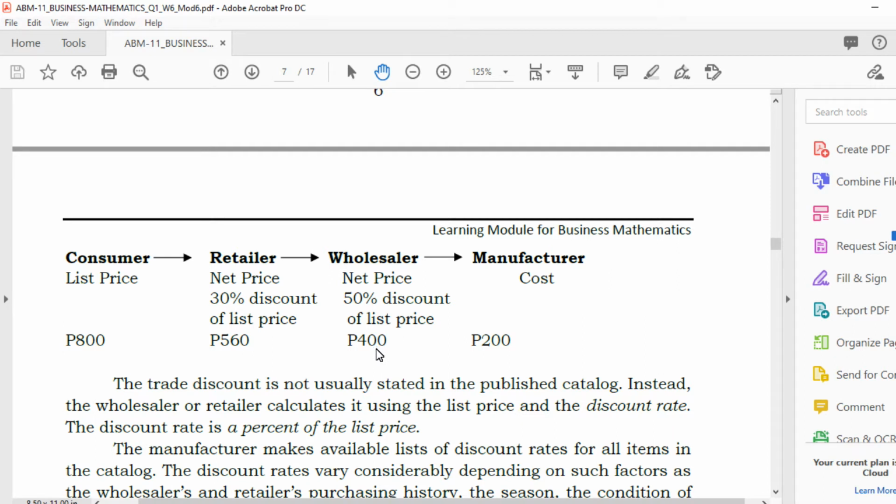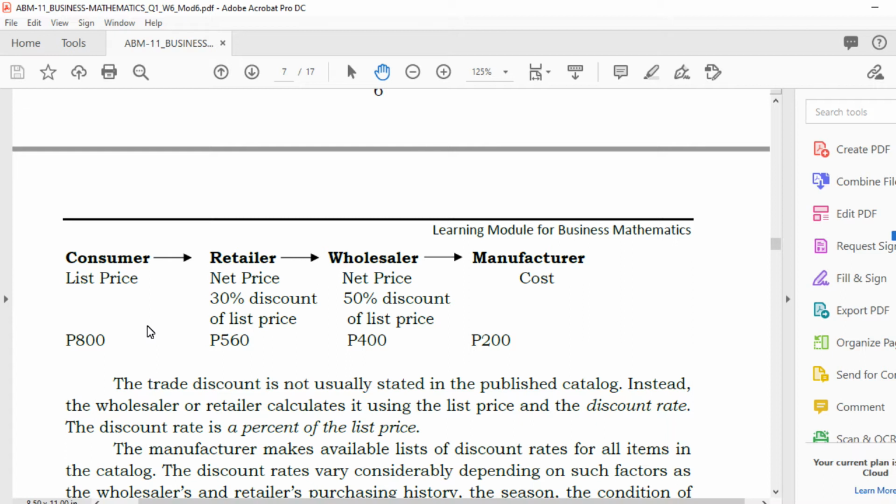Tapos, si retailer, mag-a-add ng 30% sa list price niya. So, magiging 560 ang retailer price niya. And then, pagdating sa consumer, magiging 800. Kaya kung makikita nyo dyan, kung magkano nagiging tubo nila. Kapag patong-patong yung pinagbilhan, mas lalong tumataas yung presyo ng isang bagay.